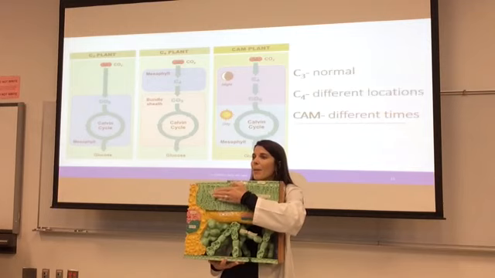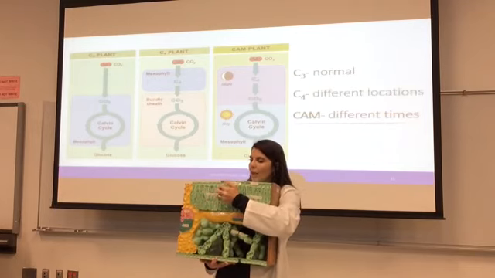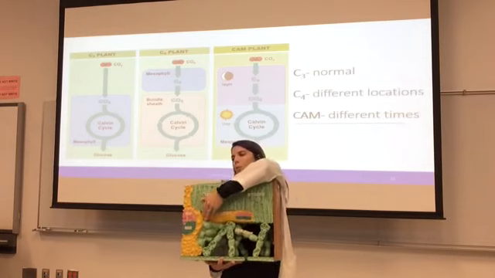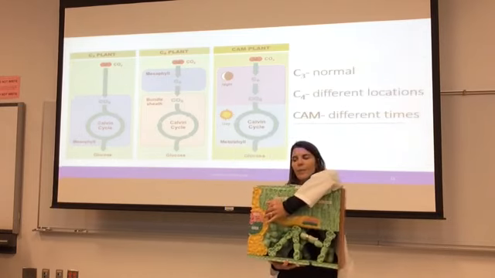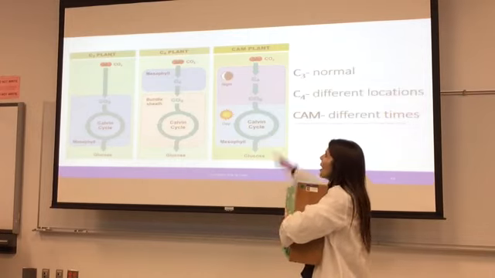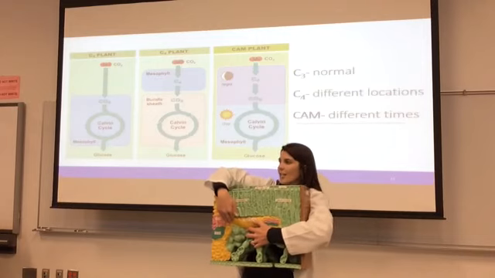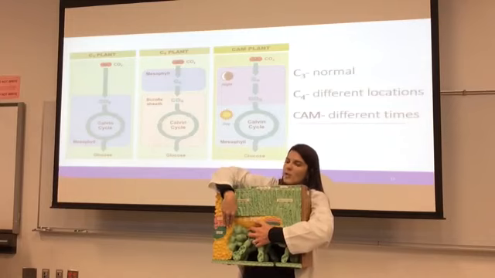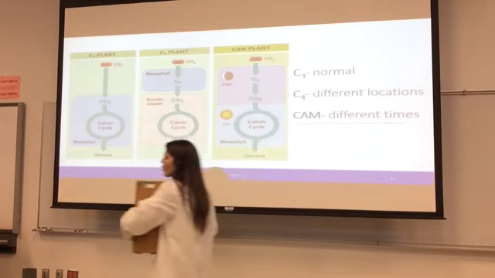So we create the PEP, that extra carbon dioxide is kind of grabbed here, and then it will make its way here, further inside, where it will conduct the Calvin cycle. The reason it goes further inside is because it's harder for oxygen to get to this tissue. So it kind of says, okay, I'm going to start here, and I'm going to go to a secret hideout so that I can carry out this process. So C4 plants carry this out at different locations.